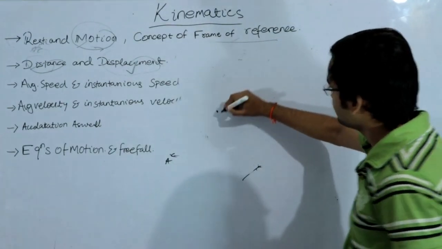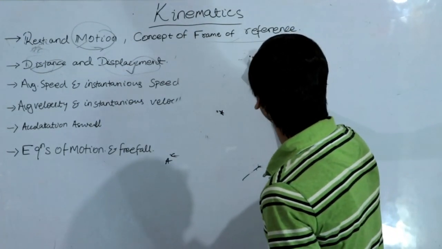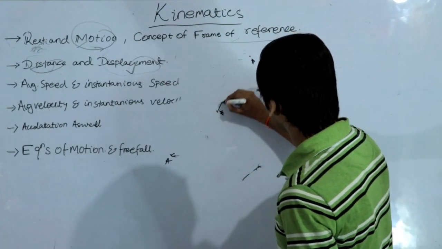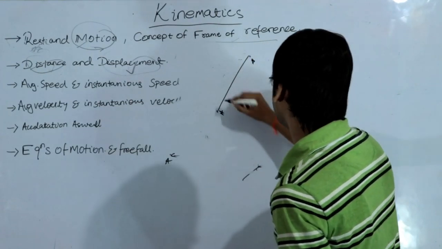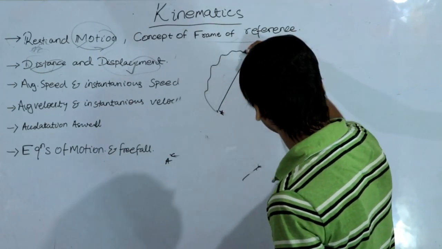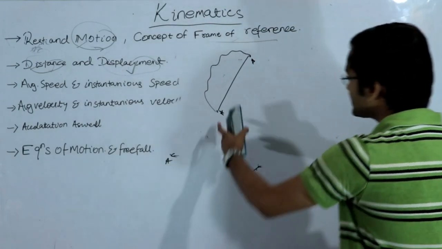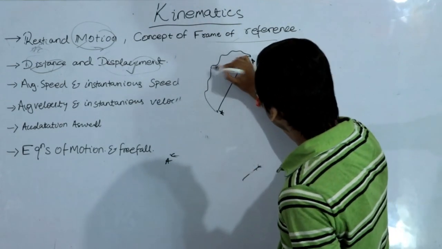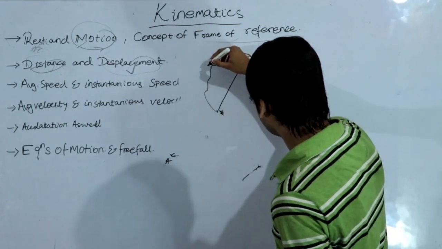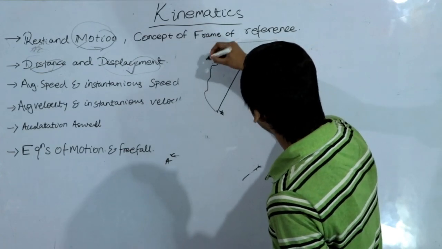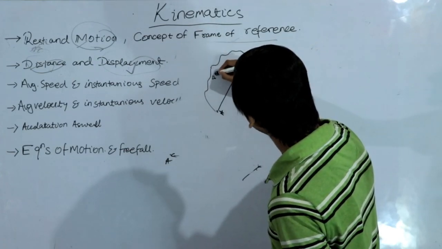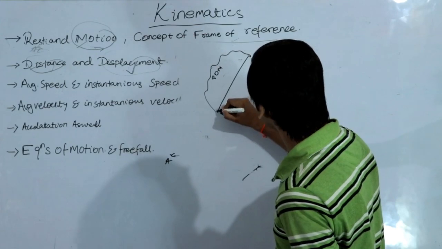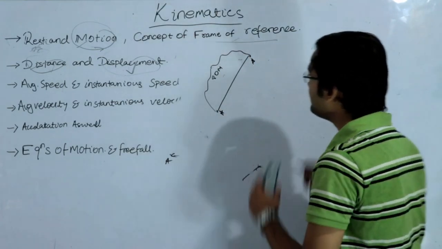Suppose guy A and guy B travel this distance and this distance. Suppose someone took this road and covered 80 meters by traveling from A to B. So what is speed here?